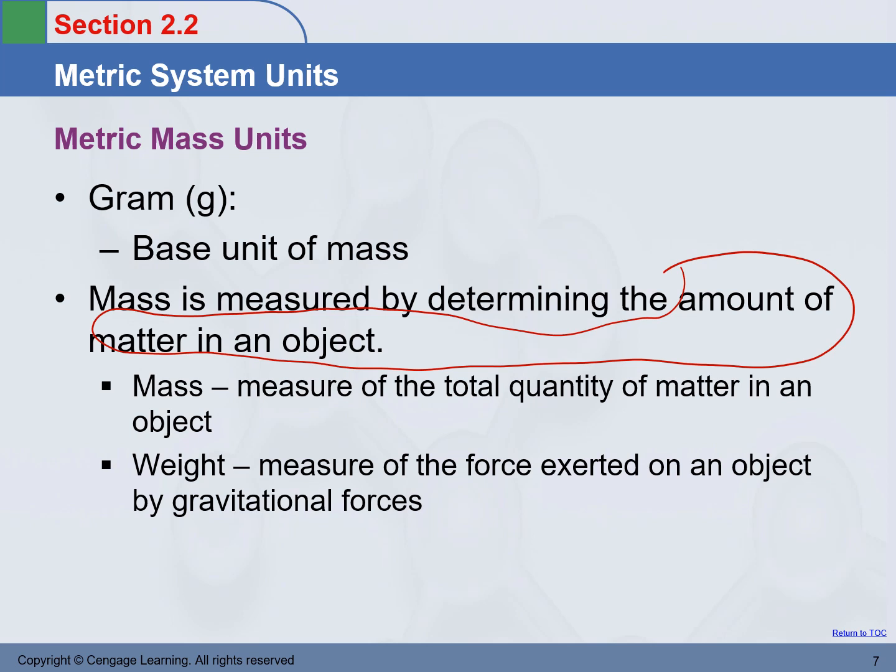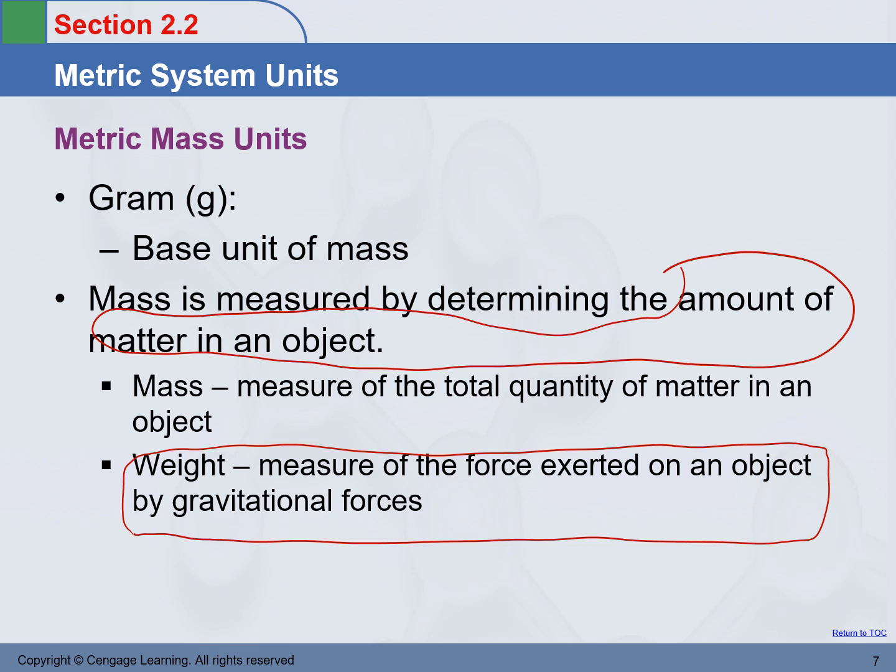However, weight is the force exerted on an object, on the sample, by gravitational forces, which means depending on the location of the sample, whether it is on the moon, on the earth, or maybe even a different spot on the earth, the weight of our sample could be different.